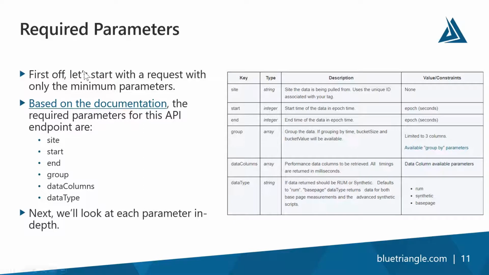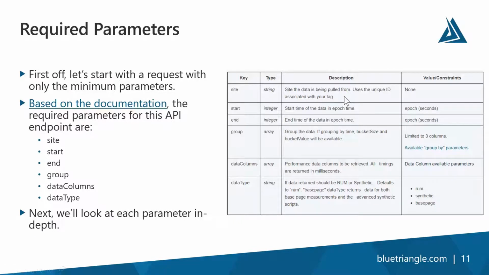In the API documentation, there's a link to this section at the top of the page, and certainly if you're working on this on your own time, do use that link, and it'll take you right down to this section.